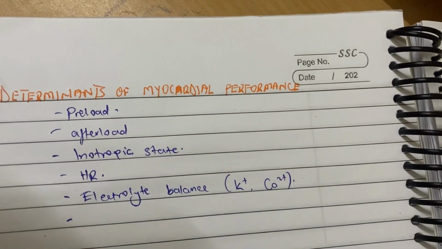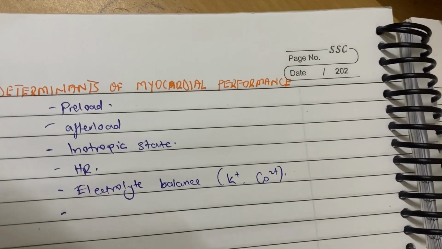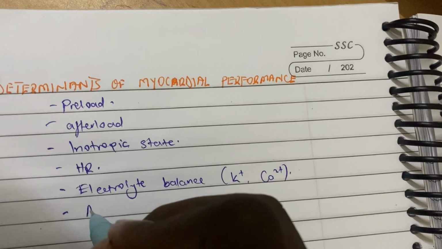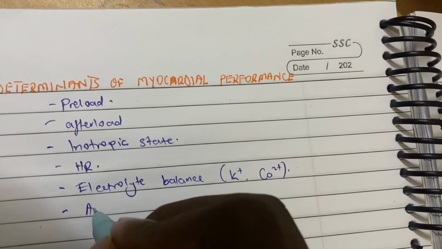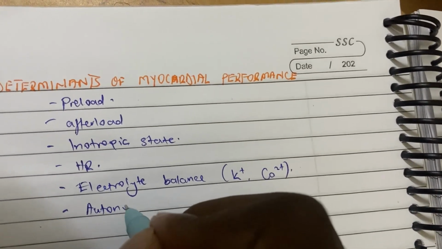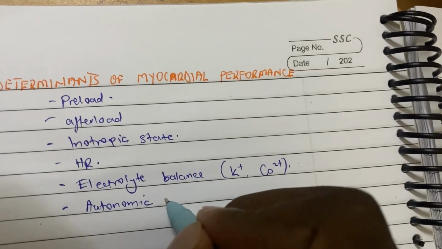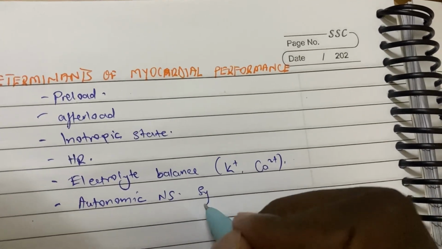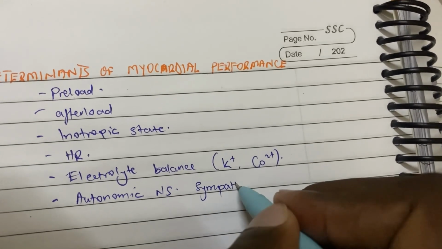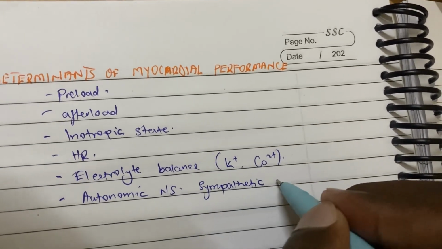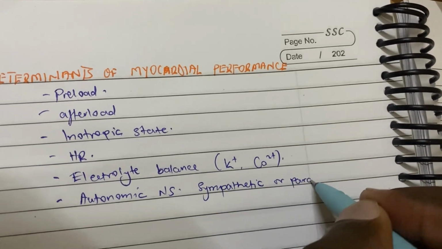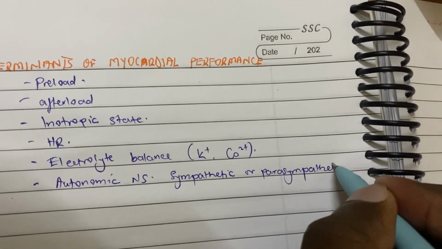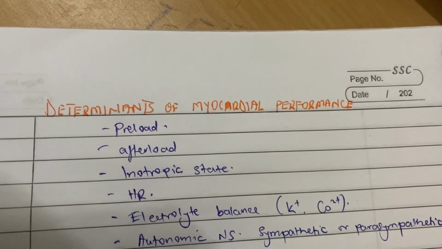Then another is sympathetic, that is autonomic nervous system, that is sympathetic or parasympathetic discharge.